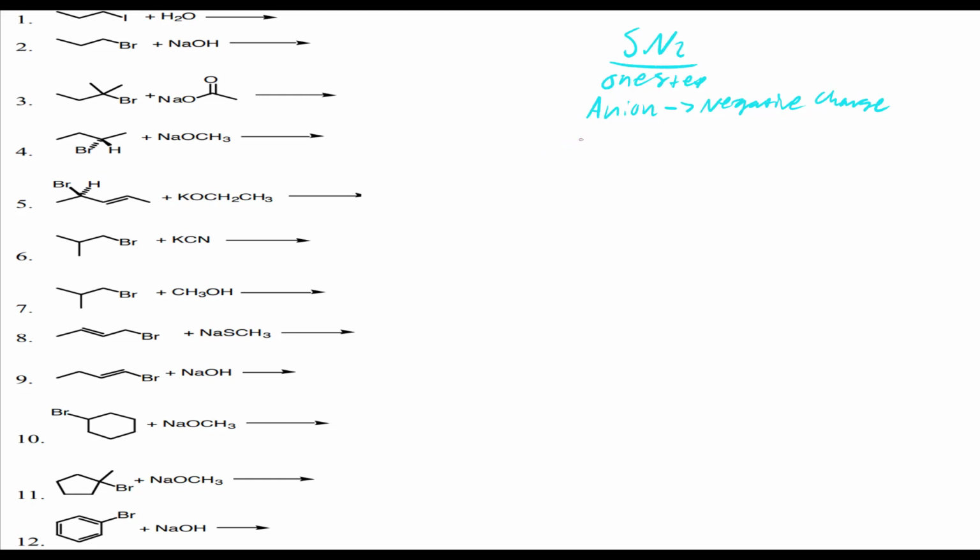And this really occurs with allylics, and that's better than a primary, and that's better than a secondary, that's better than a tertiary, and that's way better than an aryl.